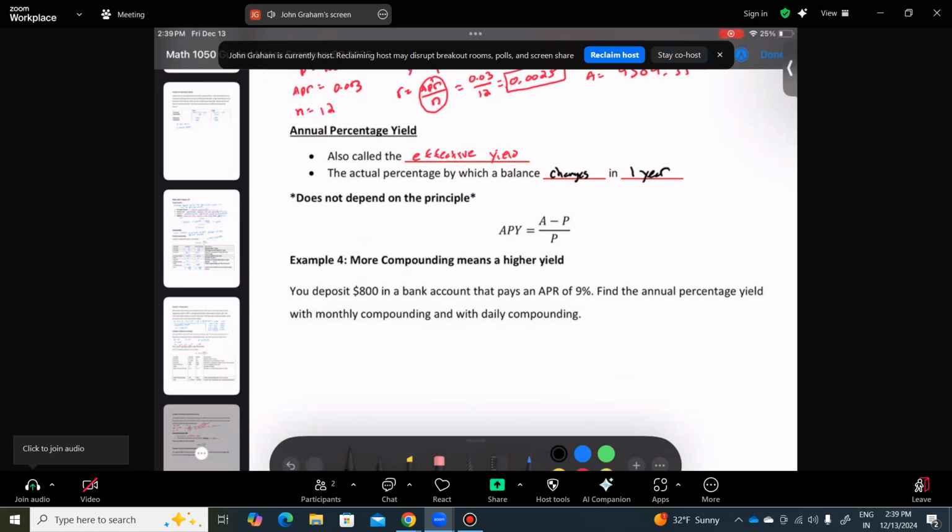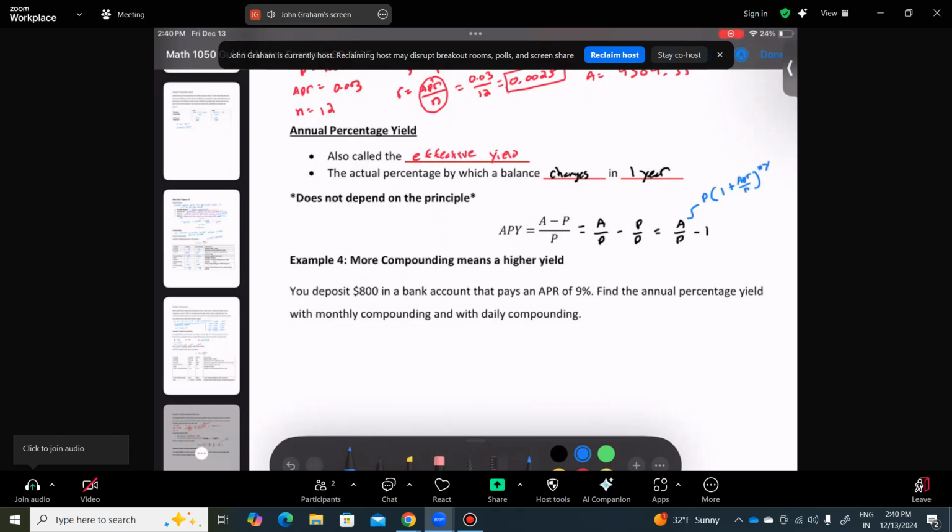But there's one thing to remember with this, is we can actually separate this out. Amount divided by the principal minus the principal over the principal, which is the amount divided by the principal minus 1. And then if we remember with this amount, that is the principal times 1 plus your APR over n to the ny.